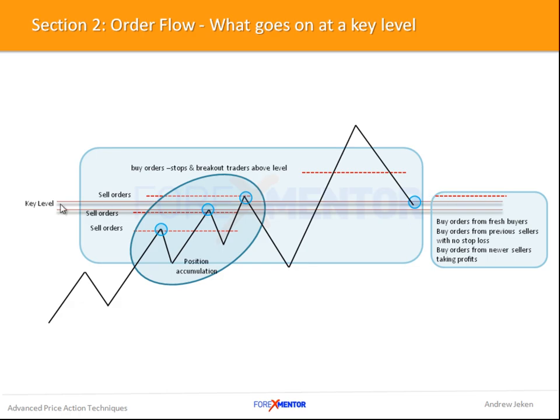Essentially that causes resistance becoming support, that price flip we spoke about, and you have a high probability of price moving off that area. That's the essence of order flow, and how the institutions come in around these levels and use those levels, and that forms these key areas of support and resistance. So remember, they are zones and not specific numbers.